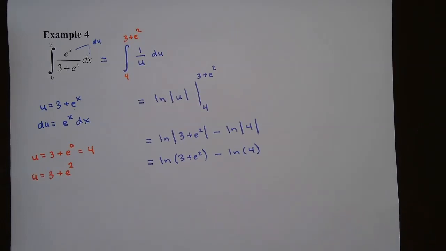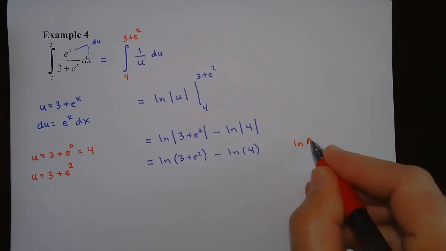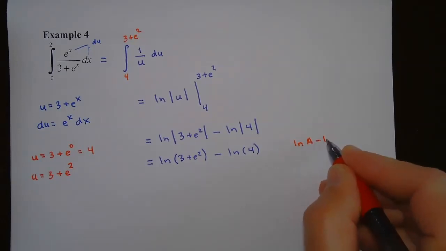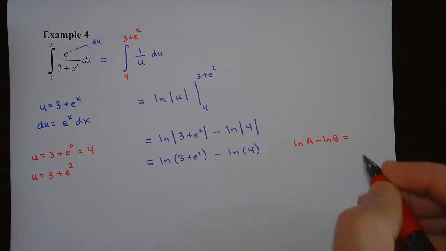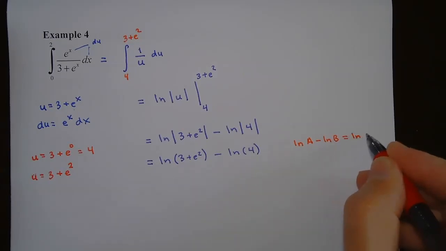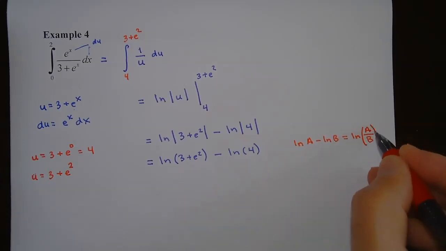It's so funny because I'm teaching this right now in Honors Math 3, all the logarithm properties. So if you remember from last year, if we had the natural log of A minus the natural log of B, we could write that as a single logarithm, the natural log of A over B. We could put parentheses around this, but we wouldn't have to.